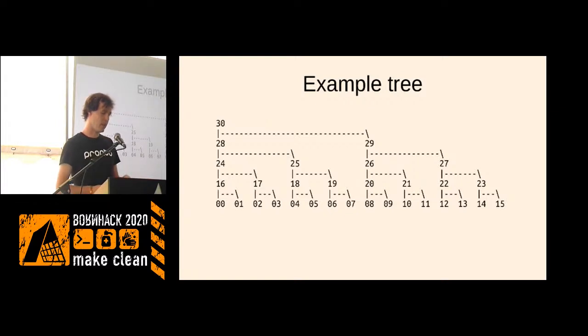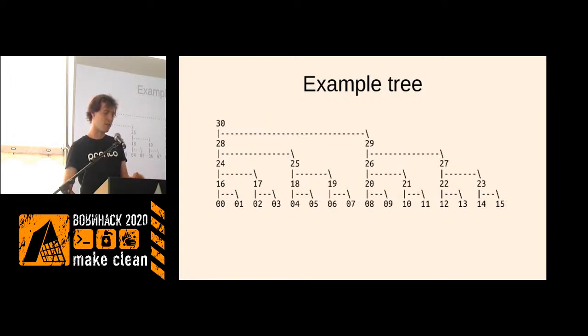And each node, like 16, will be a hash of 0 and 1, right? And if we want to prove that any node exists, we have to give all the sibling hashes. So if we want to prove 4 exists, we'll give 5 and 18, 19, 25, 28, going up the tree.